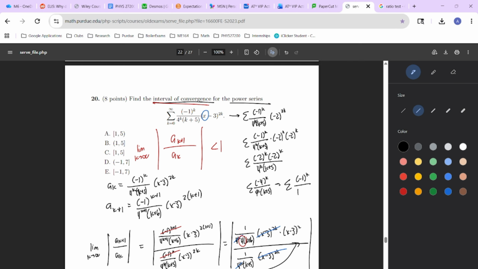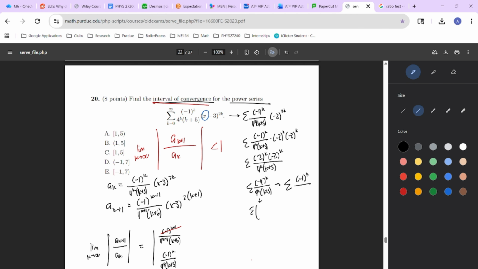The reason how I got that is you can turn this into the sum of negative 4 over 4 to the k multiplied by 1 over k plus 5. And of course, that would turn into the sum of negative 1 to the k over k plus 5.